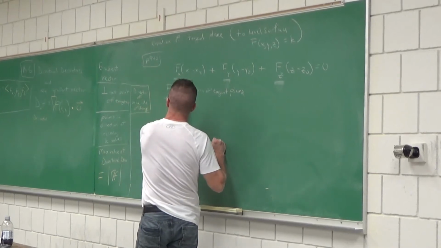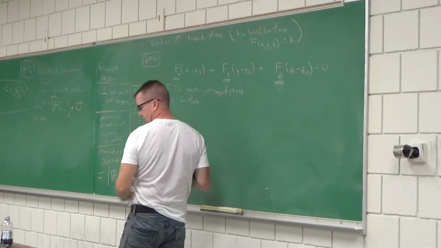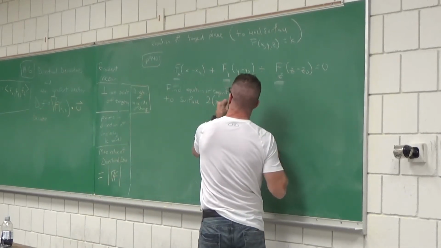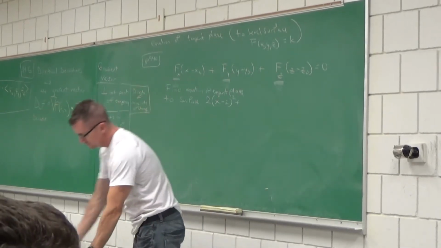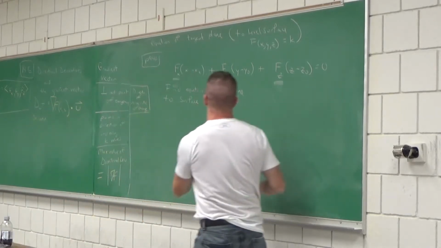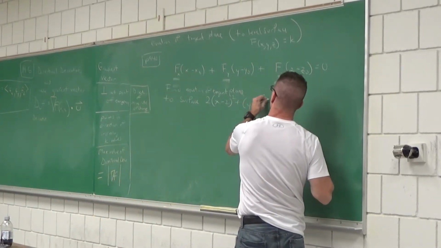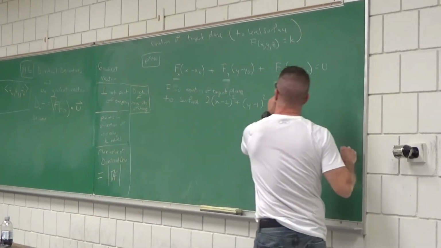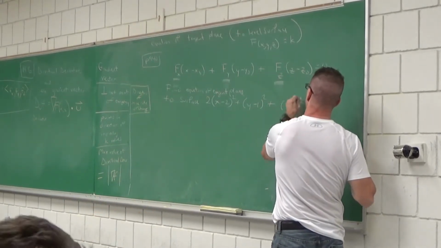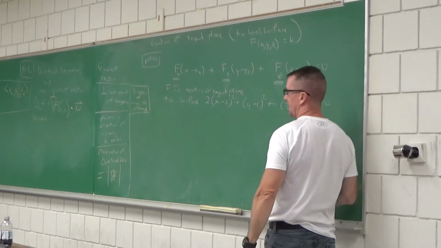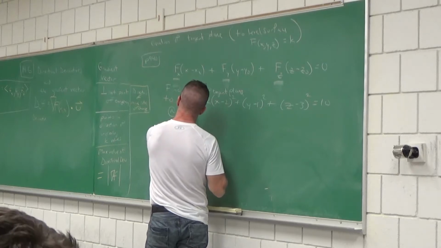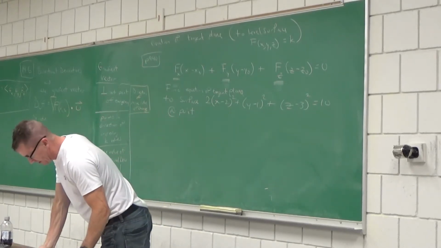And here's the surface: 2 times (x minus 2) squared plus (y minus 1) squared plus (z minus 3) squared equals 10. And the point? At the point (3, 3, 5).